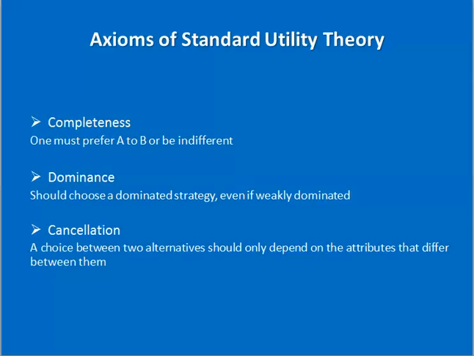Okay, now that we have cleared up the lexicon, introduced ourselves to some very basic concepts, it's time to talk about the axioms of the standard utility theory. What we're saying is that the rational actor is a utility maximizer.